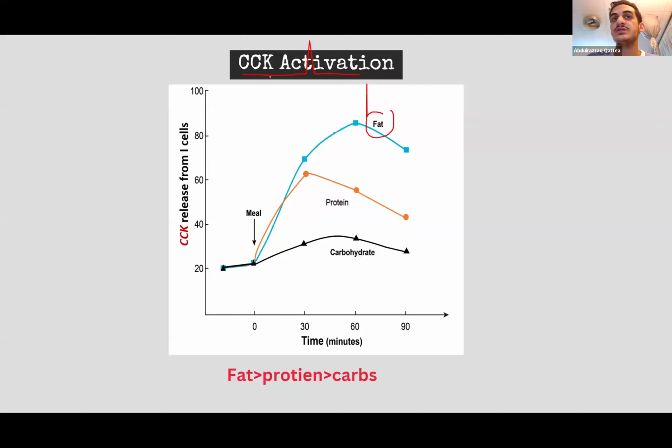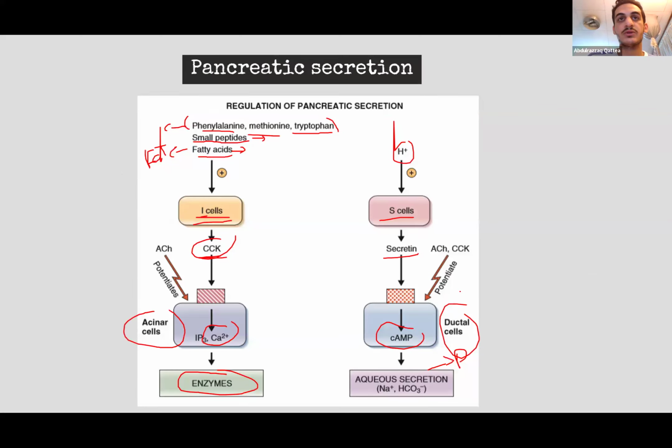The second one is protein, which we said is small peptides and amino acids, and the least one is sugars or carbohydrates. So the most potent is fat, then protein, then carbs. If you don't know what I'm talking about, I'm talking about this one: amino acids, then small peptides, then fatty acids will go and release CCK.